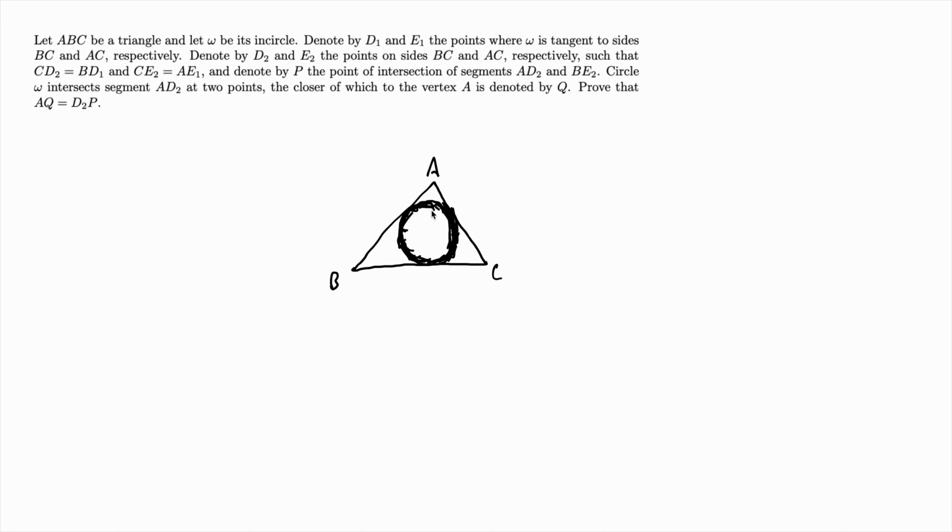So this is omega, and denote by D sub 1 and E sub 1, so this point right here is D sub 1, and this point right here is E sub 1, the points on sides BC and AC. Then the points denoted by D sub 2 and E sub 2 are on sides BC and AC respectively, such that CD sub 2 equals BD sub 1.